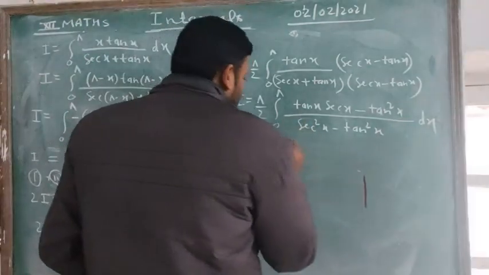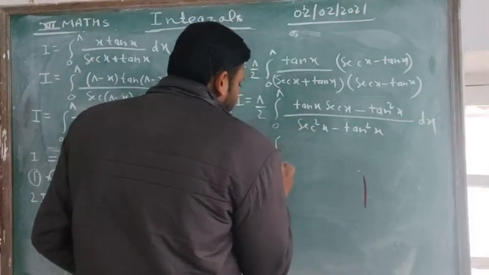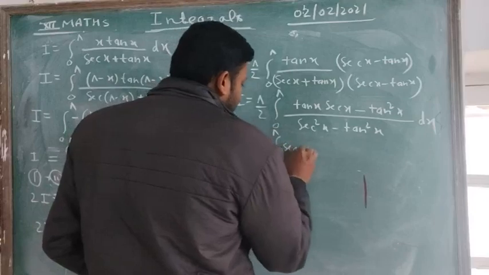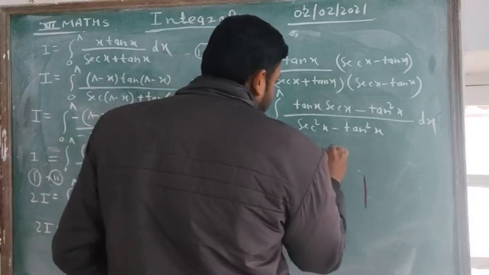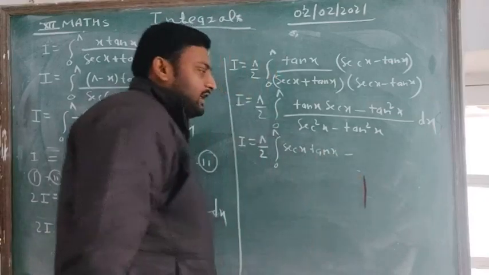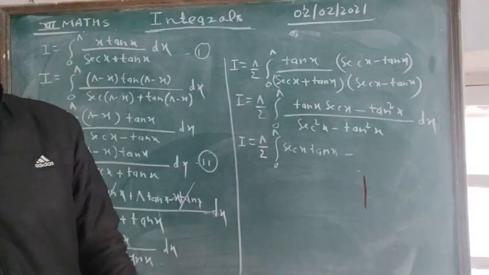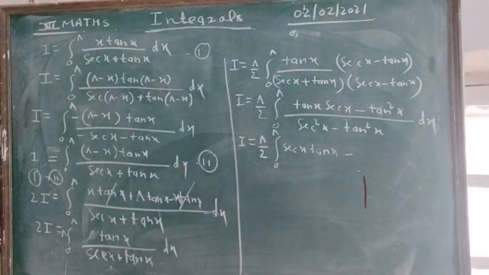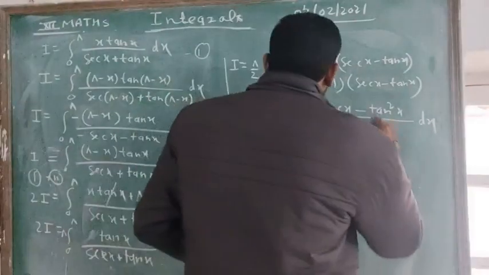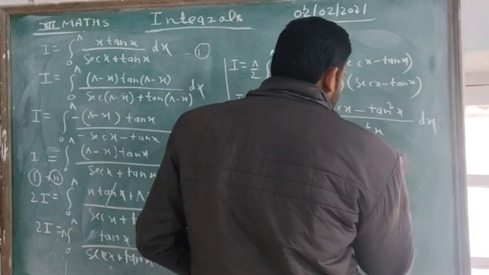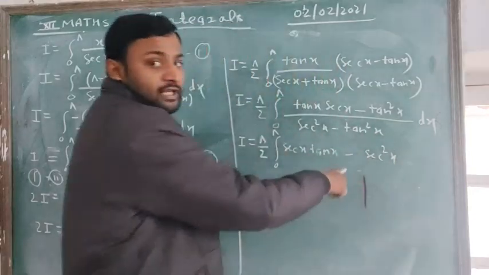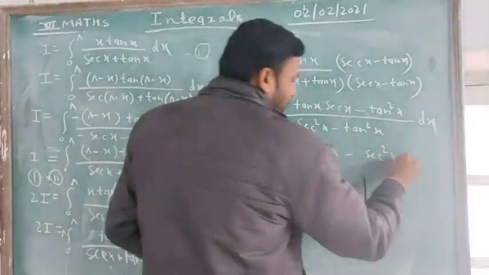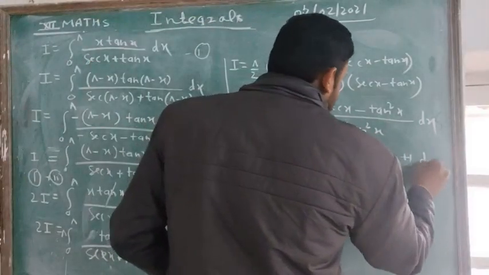Now students, our numerator is 0 to pi of sec x tan x minus tan square x, and this tan square x we can write as sec square x minus 1. Okay students, so this we can write sec square x, and here this negative sign, so the sign will change, so we can write here plus 1 dx.